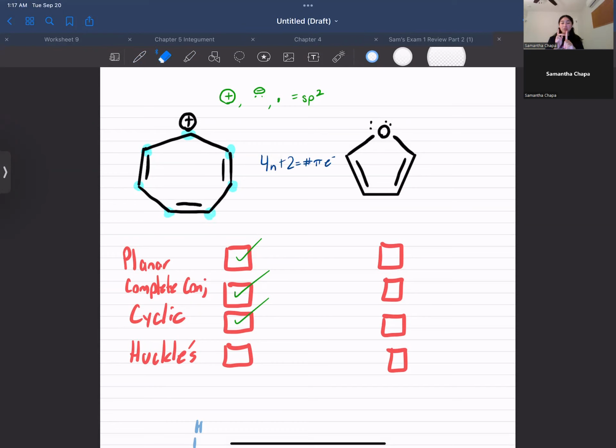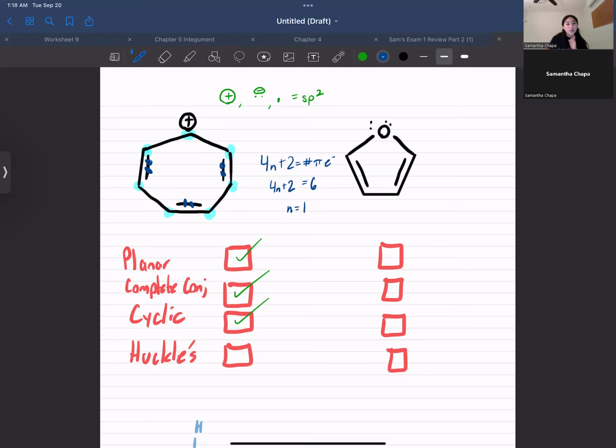So on this pi bond we have two pi electrons, and we're able to count the electrons on these double bonds: 1, 2, 3, 4, 5, and 6. And for the carbanion, there are no pi electrons in that place, so only 6 pi electrons. Place it in here, 4n plus 2, do some algebra, and n is equal to 1.